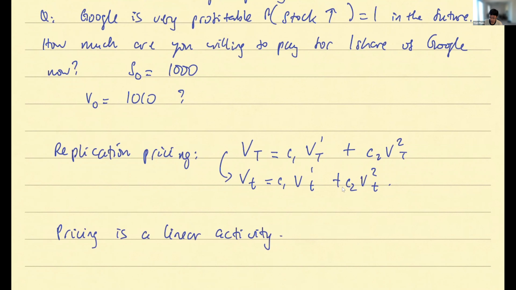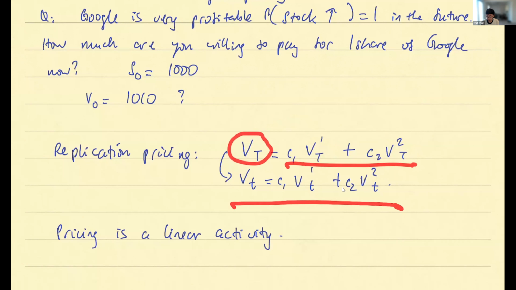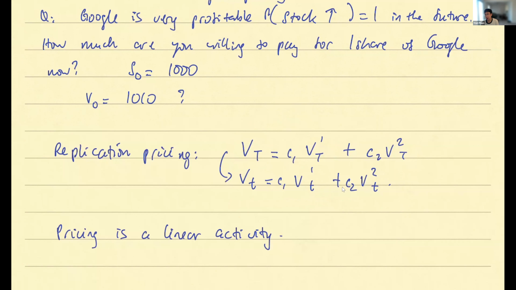Again, it seems like a very simple piece of mathematics with nothing to talk about, but it has an implication: if you know the price of the simple pieces, then you can easily find the price of the more complex piece by replication.